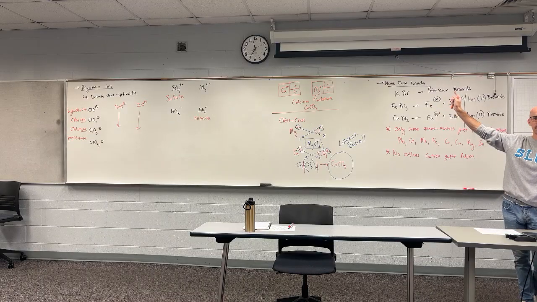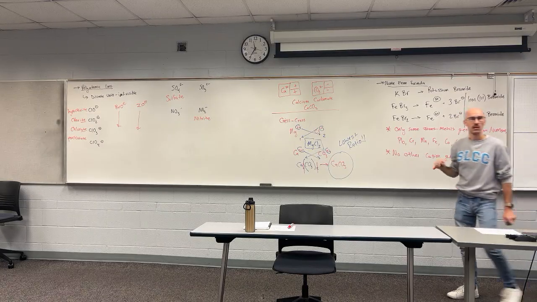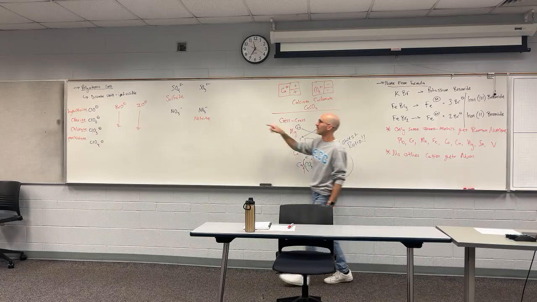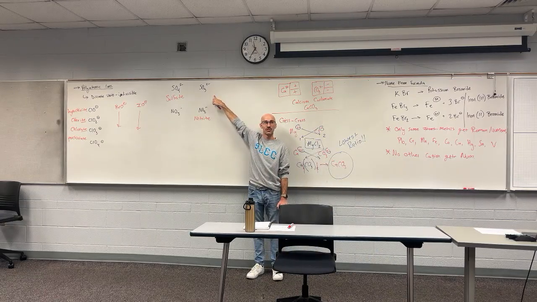What is SO3 2 minus? Sulfite. It's got one less oxygen than sulfate. This is sulfite.